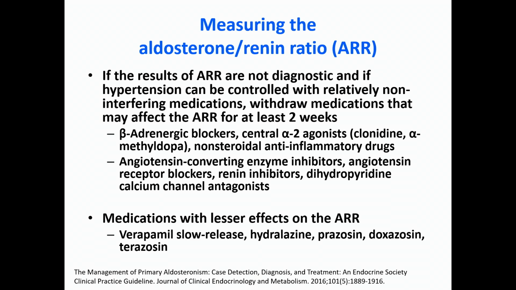On this slide, the list includes medicines which might have some, but not as large, an impact on the renin aldosterone measurements. And on the bottom part, medications which have a lesser effect on the ratio, which you may want to consider having your patients on, can include slow-release verapamil, hydralazine, along with doxazosin and prazosin.